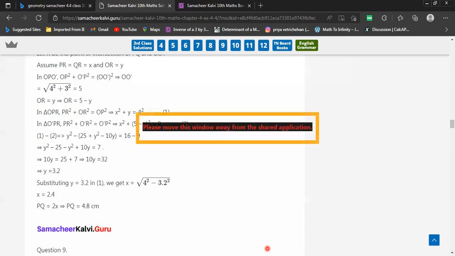We'll get 4.8 centimeter. You're getting 4.8? Yes.